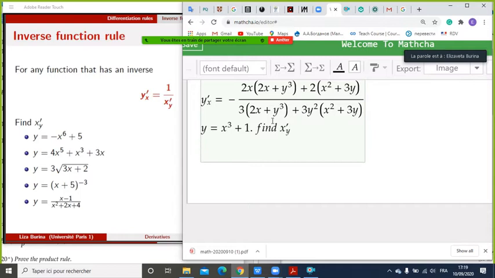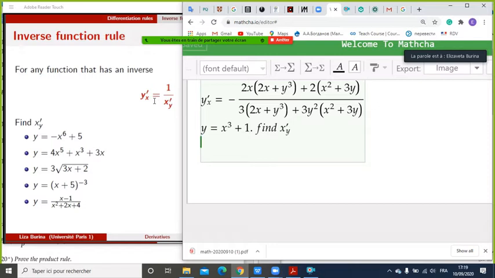You might find it useless because anyway you need to do the inverse function. It doesn't help as much as, for example, the implicit function rule. But I just want you to remember this formula very well, so you can use it later in micro theorems. Okay, so find x.